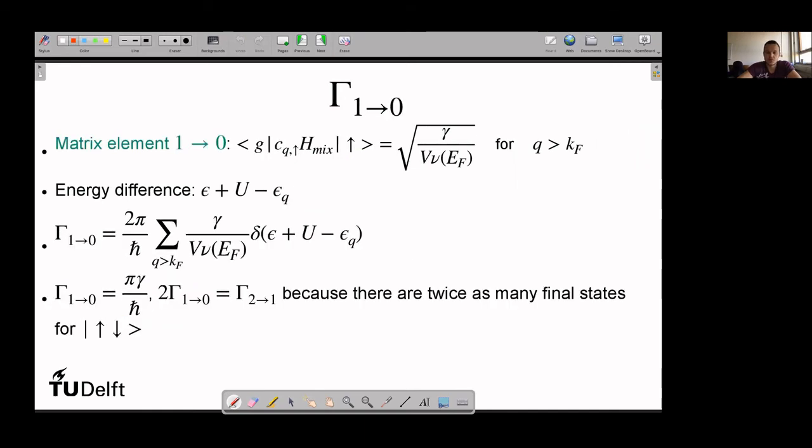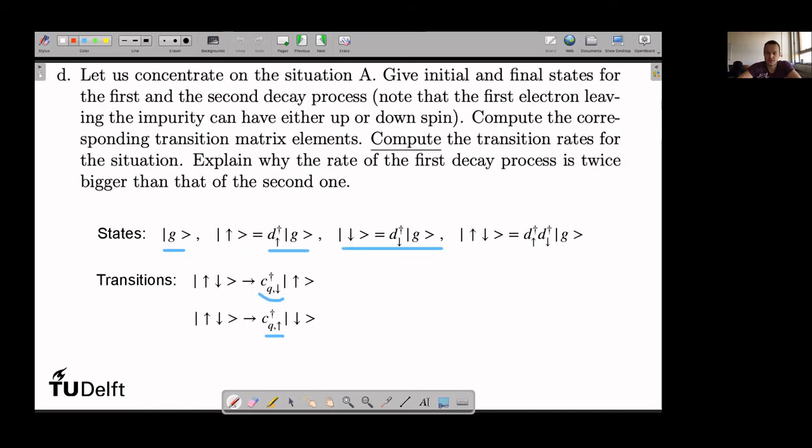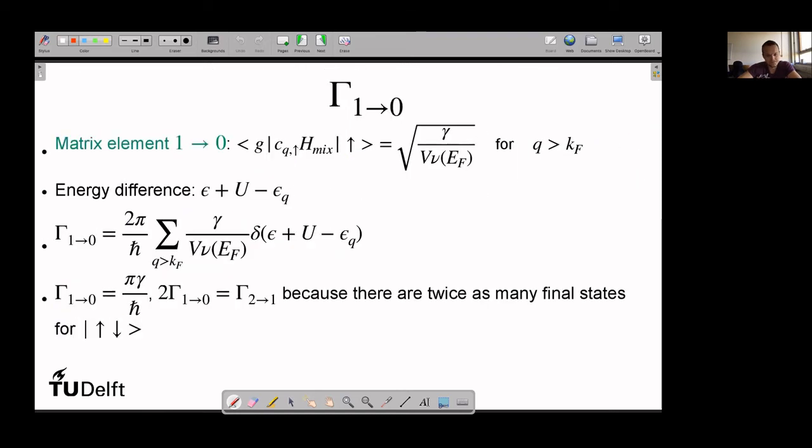Okay, then we're going to move to the next. As asked, we need to evaluate also the transition rate from 1 to 0. Here again, it's the same slide, the same structure of the slide, but things have changed a little bit.